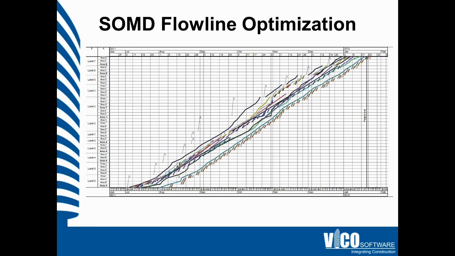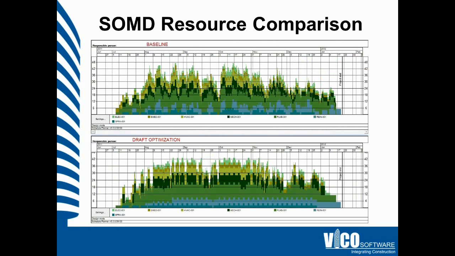Now, let's see how the resource graph compared between these two versions, the CPM match and the draft optimization. The baseline schedule resource graph is the image at the top, and the optimization is the image at the bottom. Now, as you can tell from this comparison, the resource graph on the bottom is much more consistent, has a lower peak resource count, and has fewer peaks and valleys for the total resource requirement for this phase.